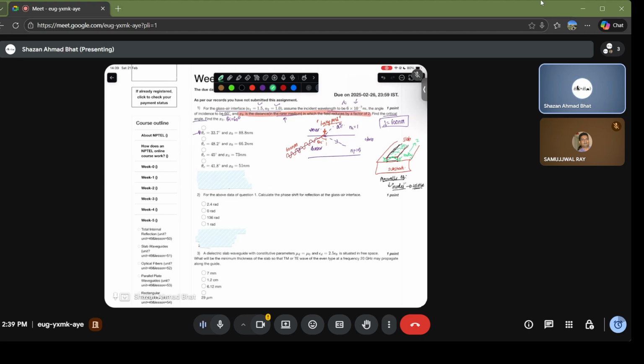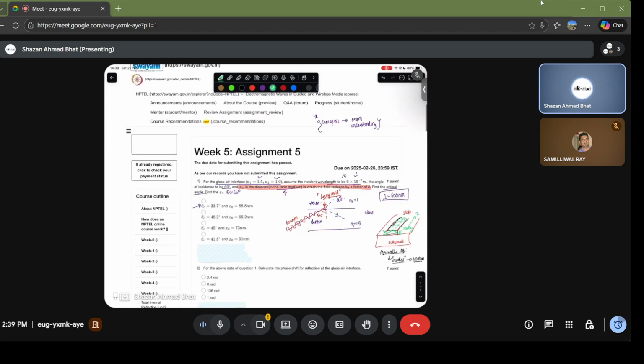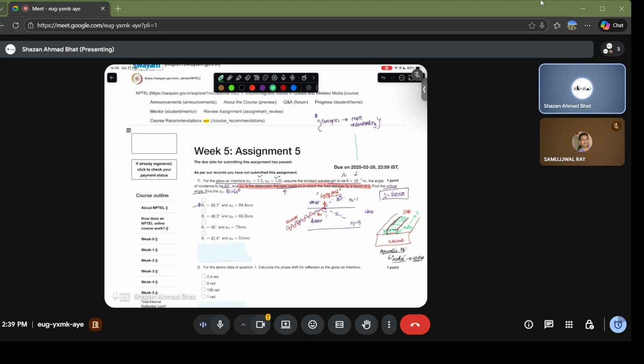Now the similar phenomenon happens when reflection takes place. If this is medium 1, this is medium 2, and you have an incoming electromagnetic wave, it gets reflected perfectly, but there is always some leaking part that goes inside the medium.